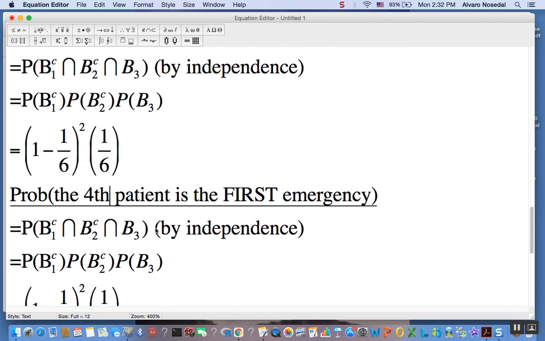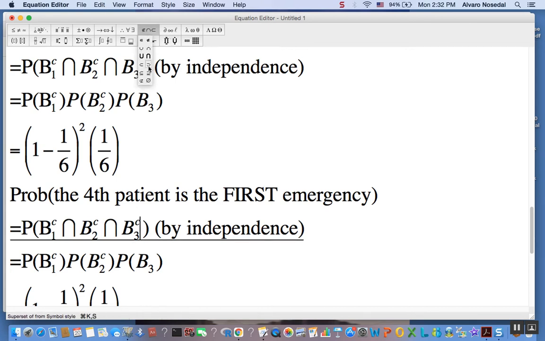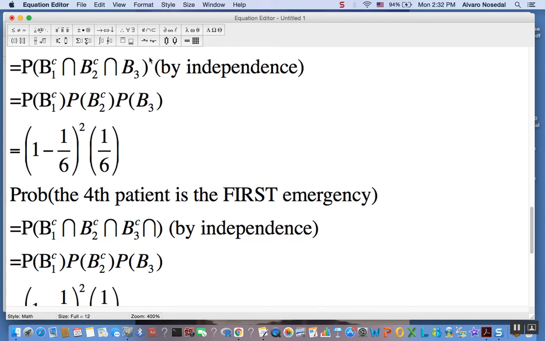Again, we use our BIs as building blocks. If the fourth arrival is the first emergency, then the first 3 arrivals are not emergencies. And finally, the fourth one is our emergency.